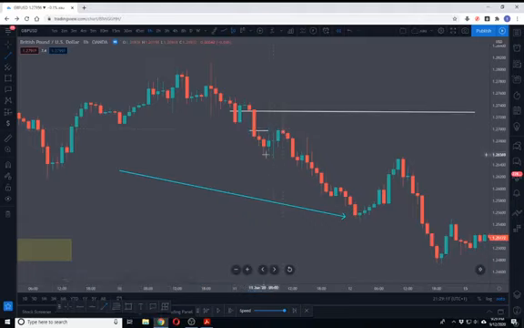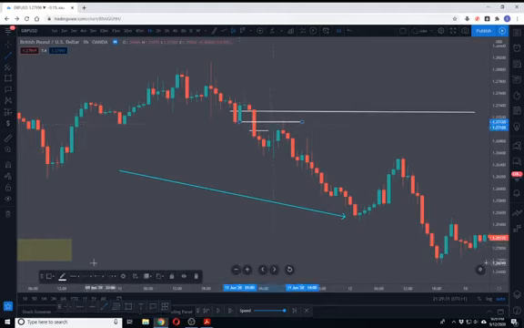When price is down here, you're waiting for price to come back, fill in some of that zone, and then you can start to take that trade down. And you'd normally be looking at this point over here for your trade entry. That would be where you buy, and you would normally put your stop loss just above that high there.